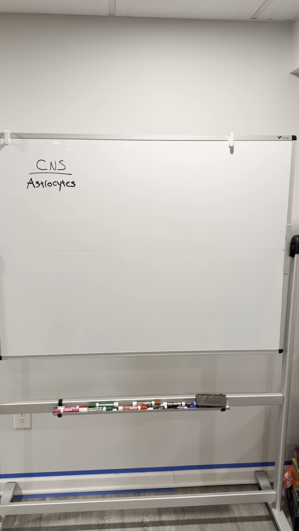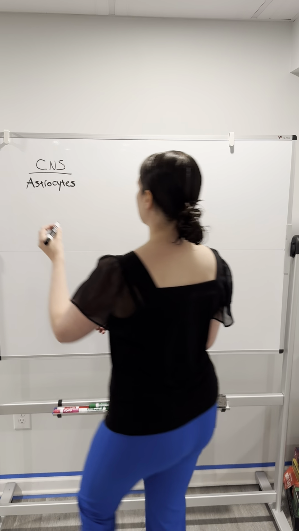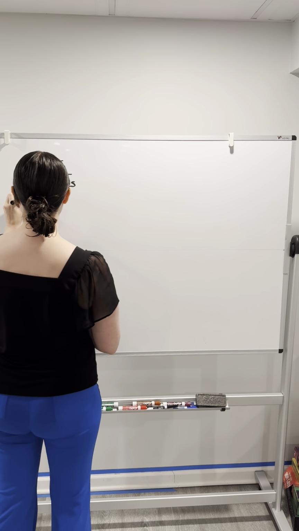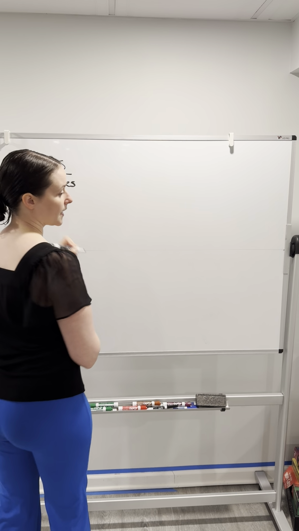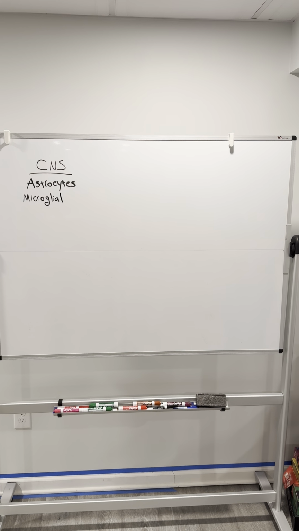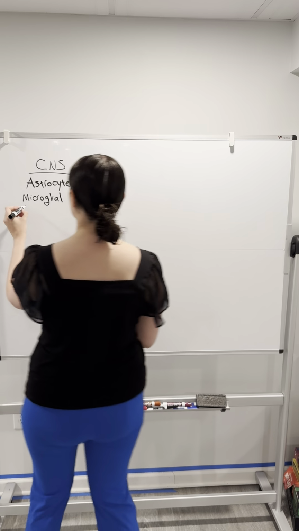And they can help influence neuron processing or functioning. Then we have microglial cells. Micro, they're very, very tiny. Let me just write this down. Microglial cells also touch the neuron and help to monitor the neuron. They help to protect the neuron from any sort of debris or something harmful by kind of eating it up. Then we have ependymal cells.